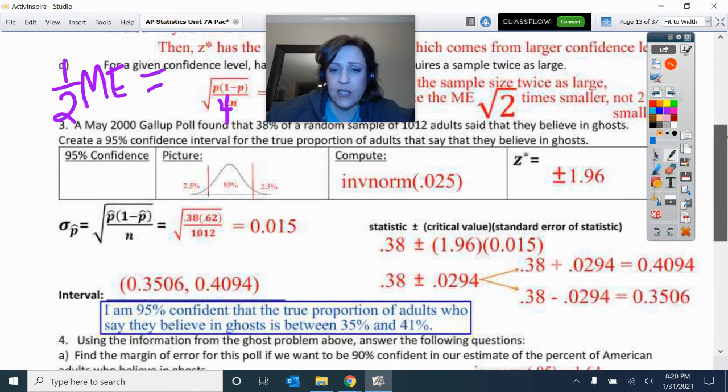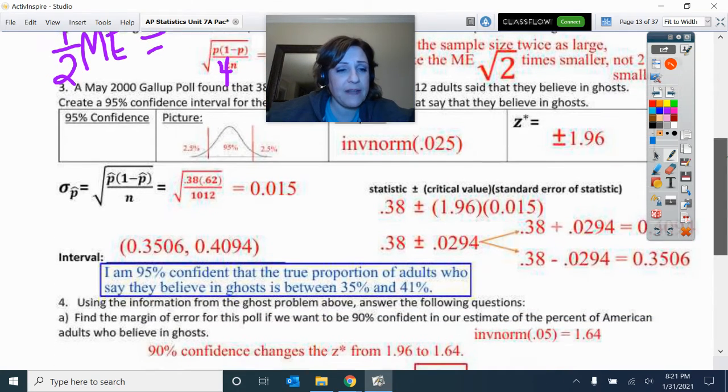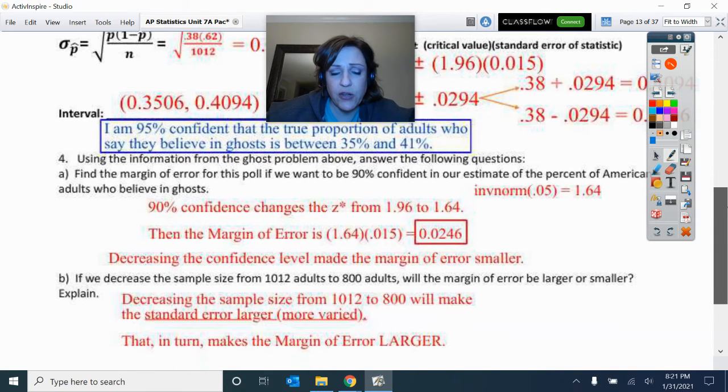All right, here this was just basic. I'm 95% confident that the true proportion of adults who say they believe in ghosts is between 35 and 41%. Now we're going to use this information and find the margin of error for this poll if we want to be 90% confident in our estimate.